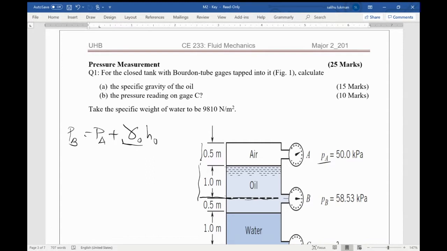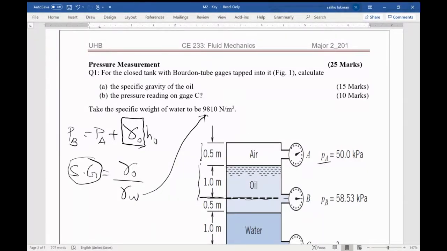From here you find the specific weight of oil, and then what is specific gravity? Specific gravity is simply gamma oil over gamma water. Gamma water is already given here, which is constant.